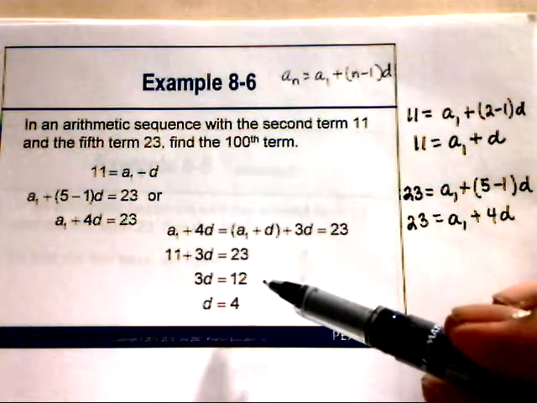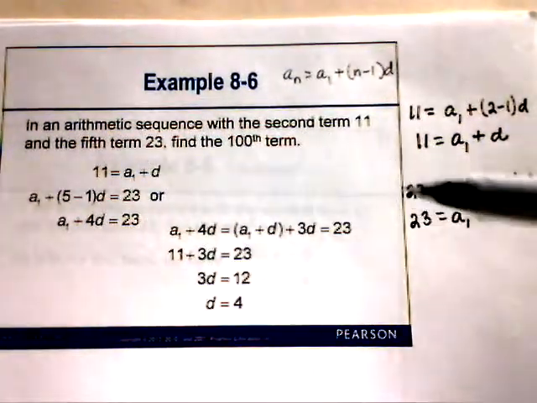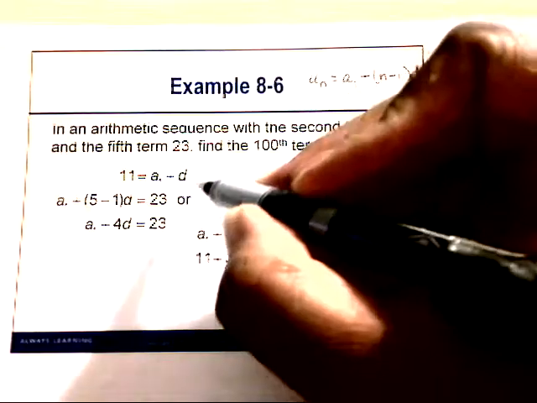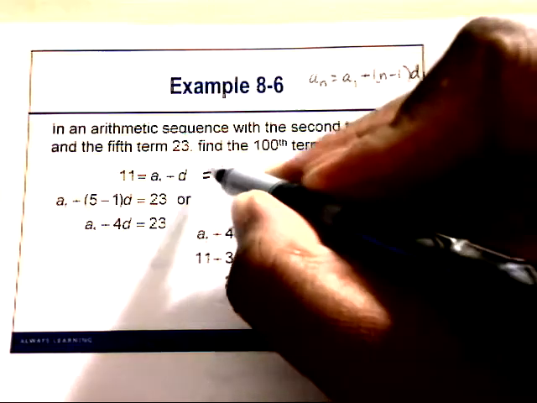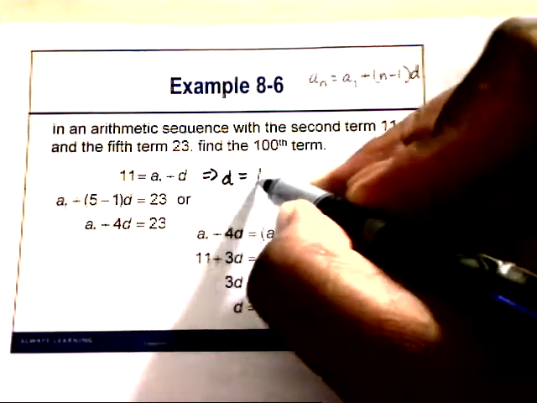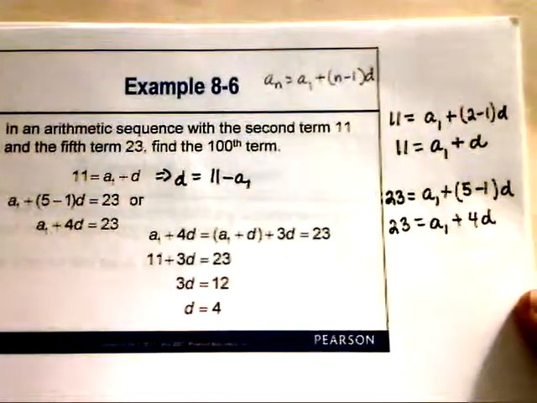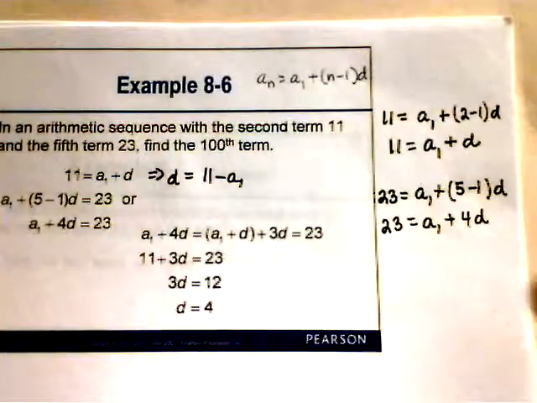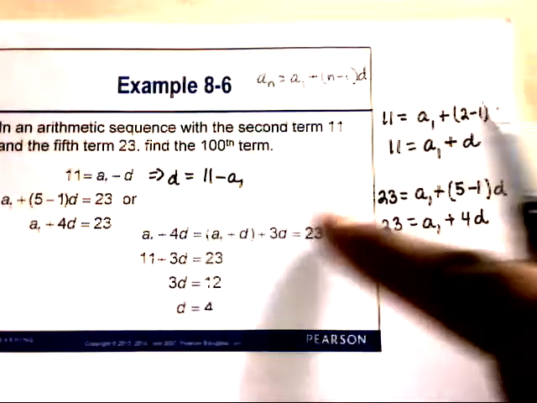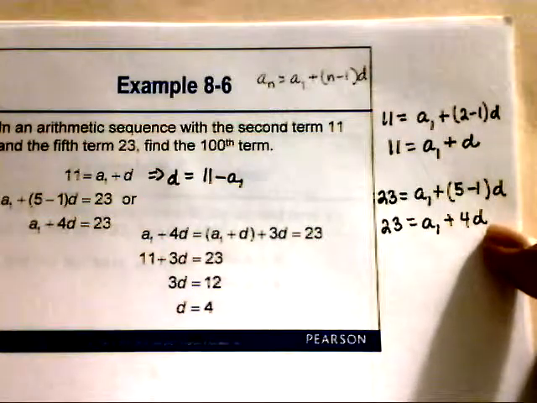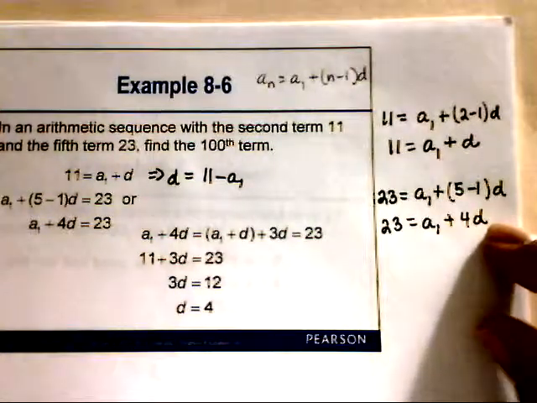Now another way you could have done that particular problem is this. If I know that 11 is equal to a1 plus d, if I get d by itself, that means d is equal to 11 minus a1. That's just getting the d by itself. And then substitute 11 minus a1 in for d in this equation. 23 is equal to a1 plus 4d.